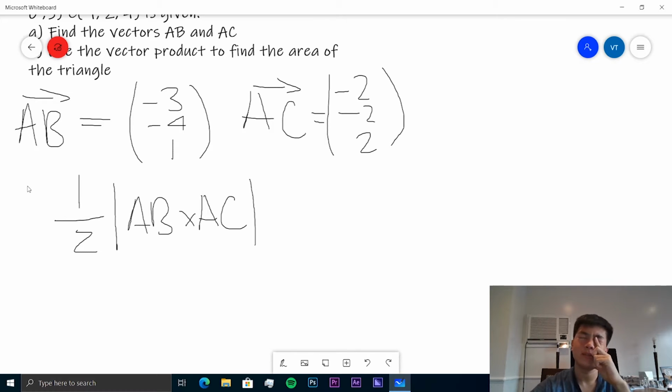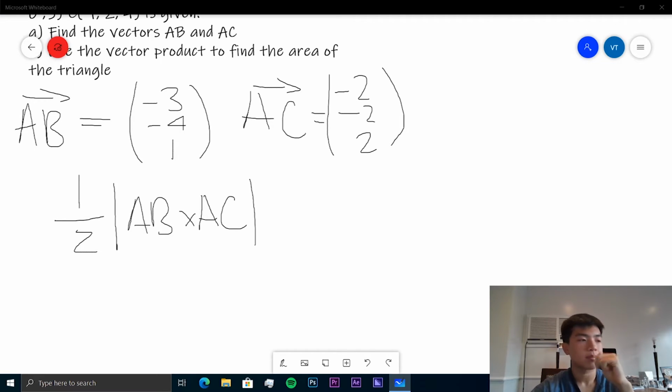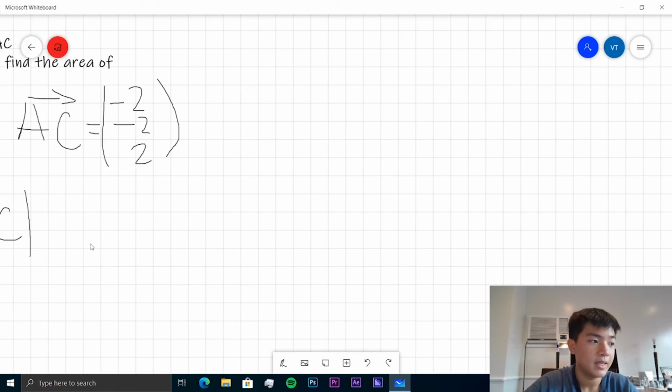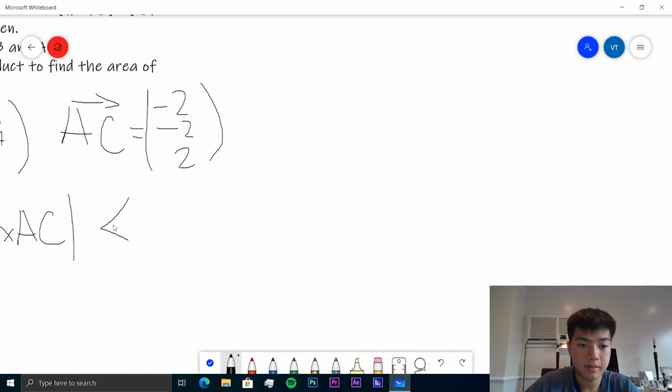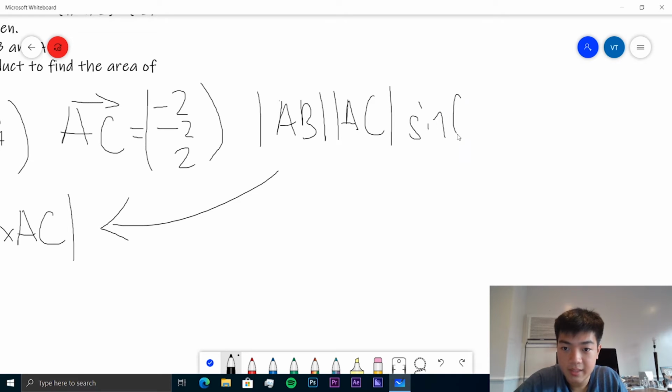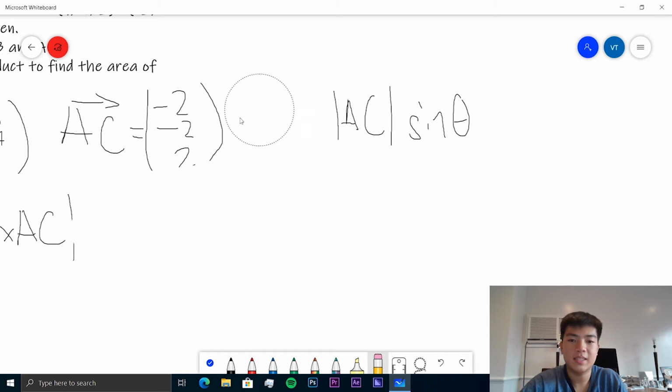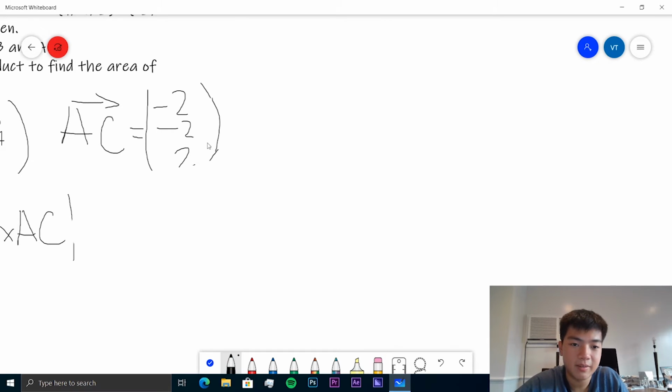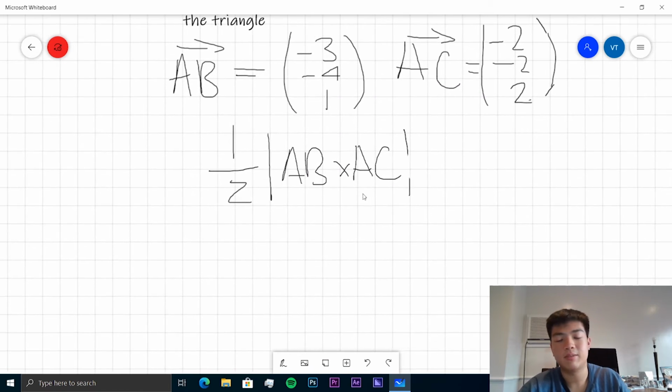Can we use it here? I think we can. Because remember that we can rewrite this as AB, AC, sine theta. Oh, but we would need to know the angle between them. Okay, so I guess it could be better to just take the actual algebraic method of the vector product. So, unless we want to do dot product.